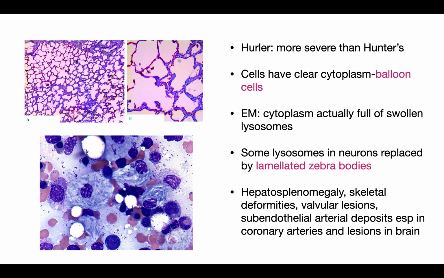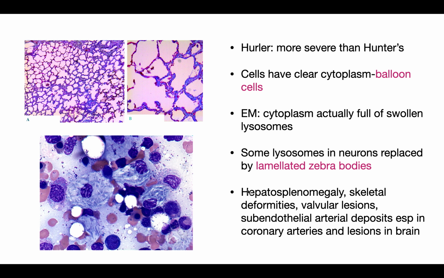Hurler syndrome is going to be more severe than Hunter's syndrome, and the cells are going to have a clear cytoplasm, also known as balloon cells. Under the electron microscope, the cytoplasm is actually not clear. It's full of swollen lysosomes. Some of the lysosomes in the neurons are going to be replaced by the laminated zebra bodies, just like the other condition.